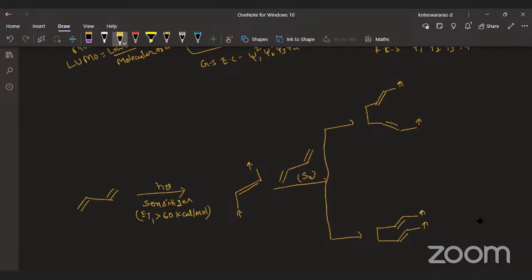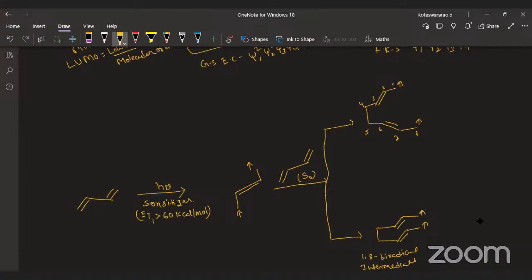actually when you number 1, 2, 3, 4, 5, 6, 7, 8, these are 1,8 biradicals. Both are 1,8 biradical intermediates.